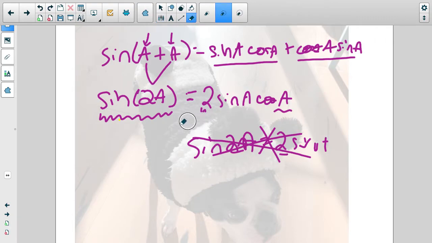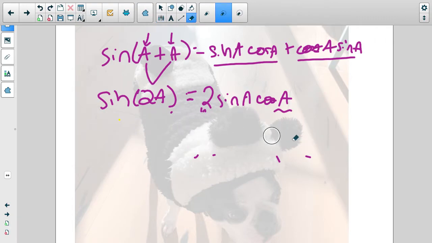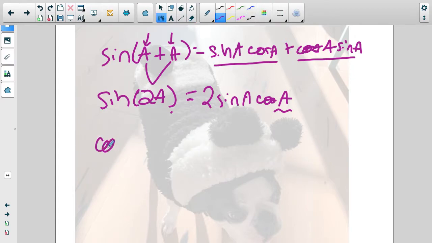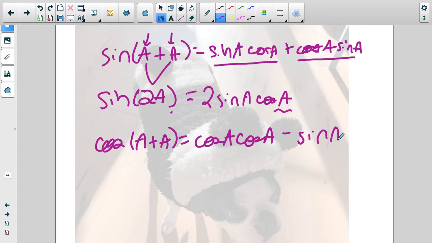All right, now, let's see how they got cosine of 2A. Cosine of 2A, they made it cosine of A plus A. It goes cosine A cosine B, which is right now A, minus sine A sine B. Now what happens, girls?